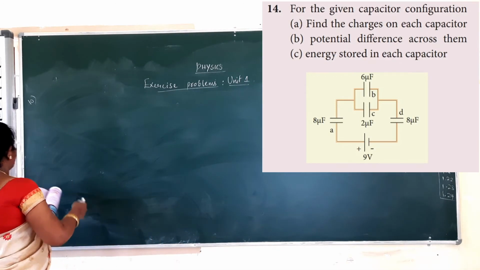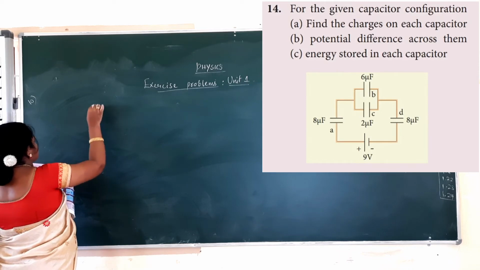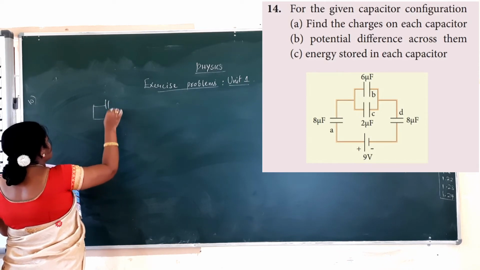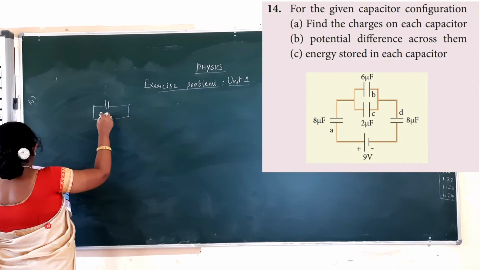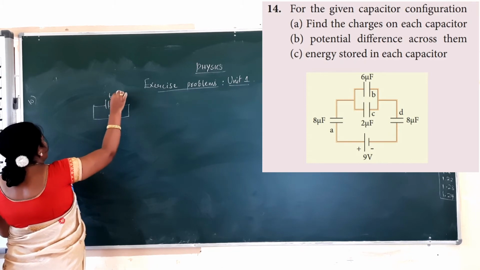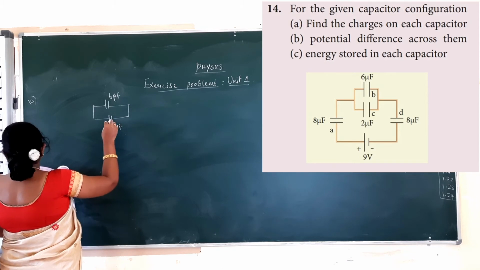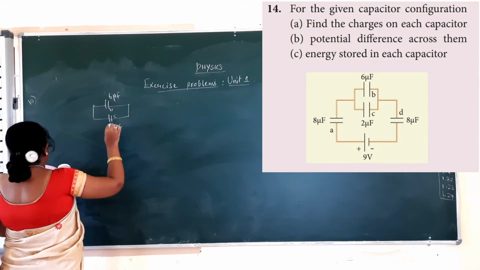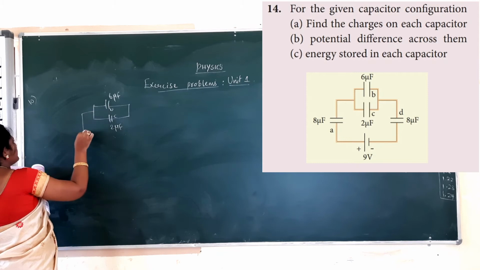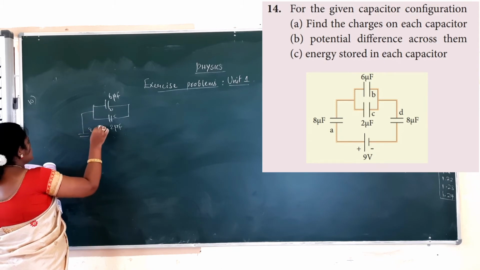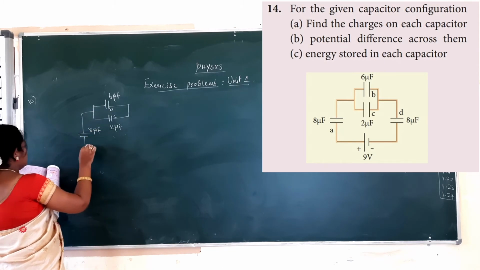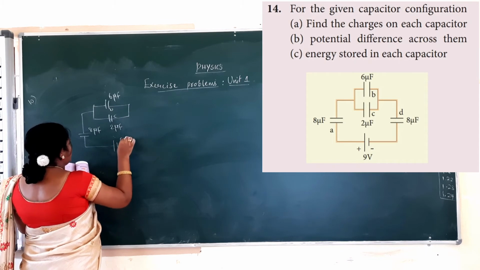So one diagram is there, with two capacitances, 6 microfarad and 2 microfarad. Two capacitances will be connected in parallel, and then another capacitor of 6 microfarad. Then a 9-volt battery is attached to them.